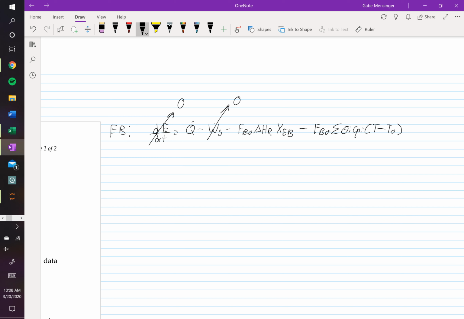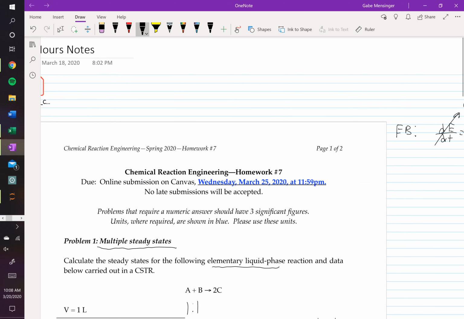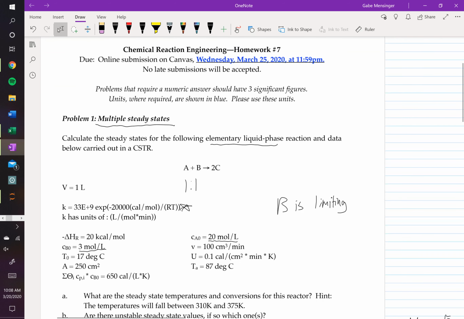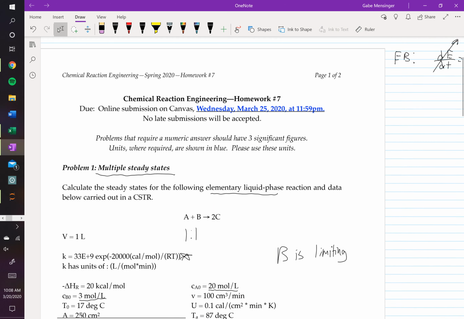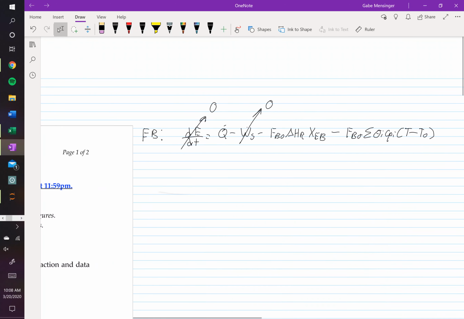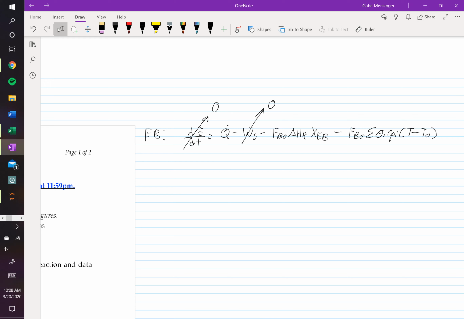Is this a jacketed reactor? Does it explicitly say that? I don't know if it explicitly said, but we are given U and A terms.